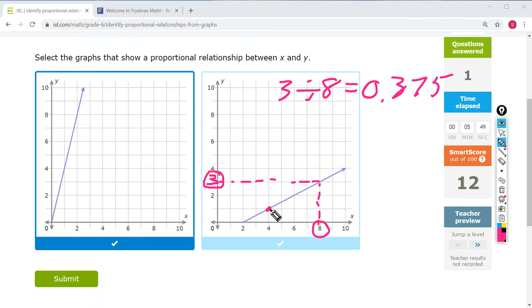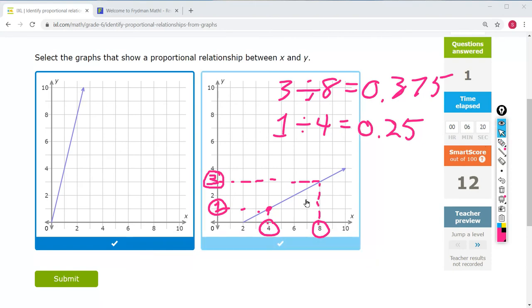Let's pick another point. This point over here, that's 1 on the y-axis and 4 on the x-axis. 1 divided by 4 is equal to 0.25. So you see that this number and this number are not the same, meaning the ratio between x and y here is not the same as the ratio between x and y over here.